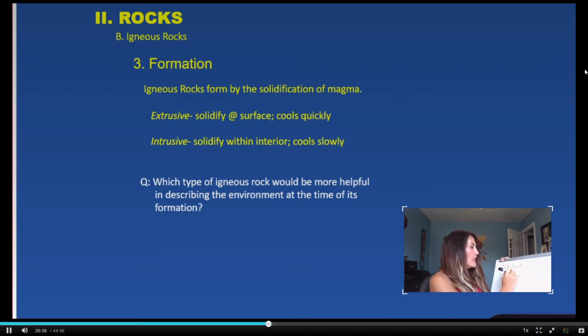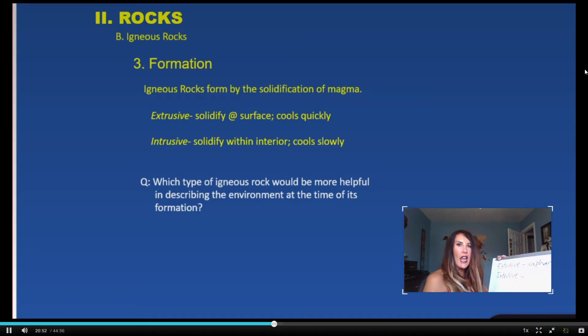And in order to answer that question, we have to look at the grain size of those individual minerals. And that provides us with something that's called the texture of the igneous rock. So those that are extrusive, the magma solidifies quickly, and so that texture is called aphanitic.